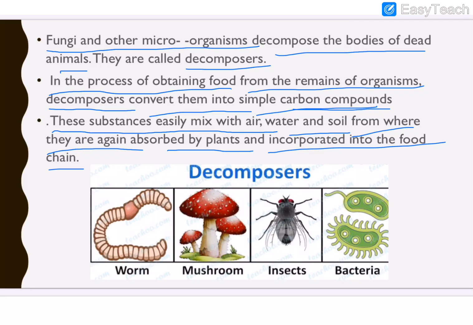Also, before reaching the decomposers, the energy is passed from one trophic level to the next, and decomposers give out some amount of energy in the form of heat. However, no part of the energy ever returns to the sun.